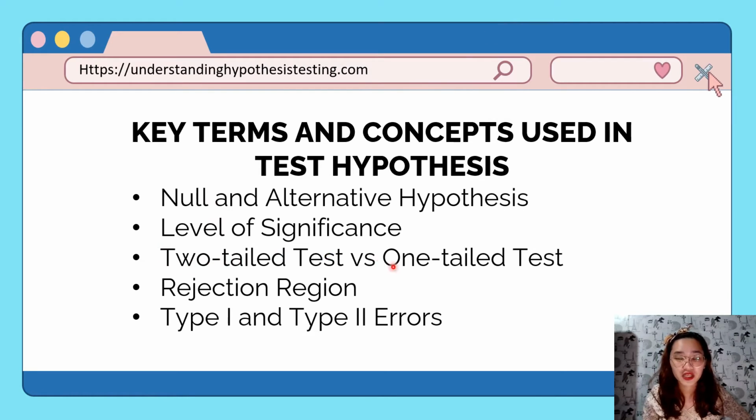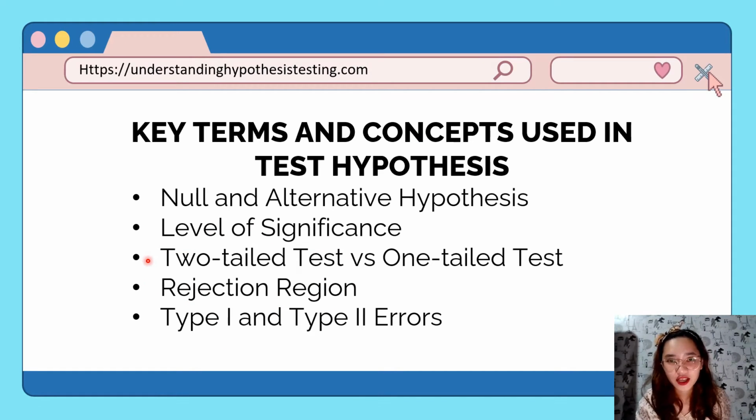Kaya dyan papasok po natin o may encounter yung mga field test natin. And another part of hypothesis testing is determining if our hypothesis is probably true or statistically significant. And to be able to do that, dyan papasok naman yung rejection region na tinatawag natin.